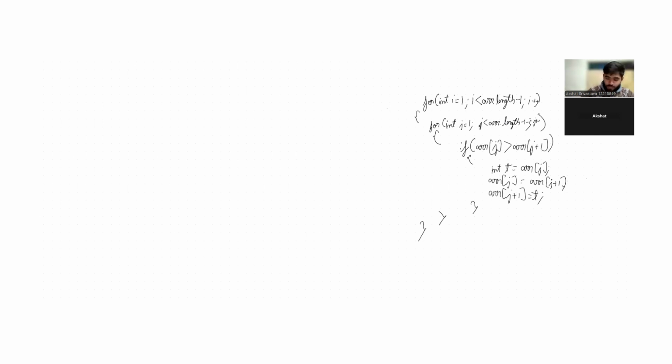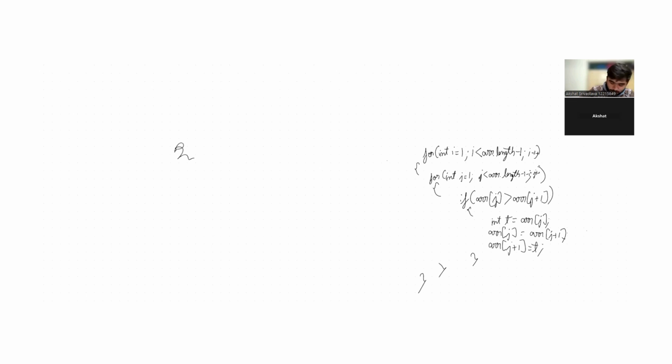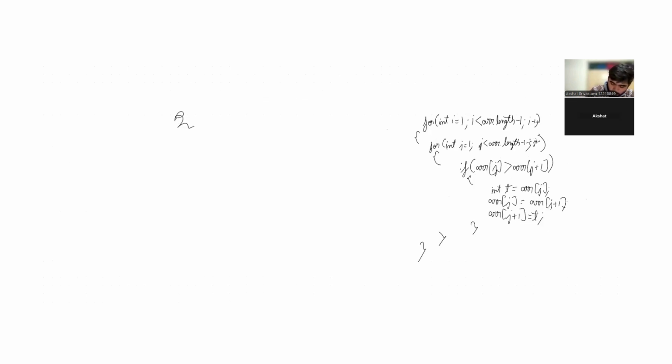I guess it's not visible, so let me rewrite it again. So we have our array of 5, 3, 8, 6, and 2.